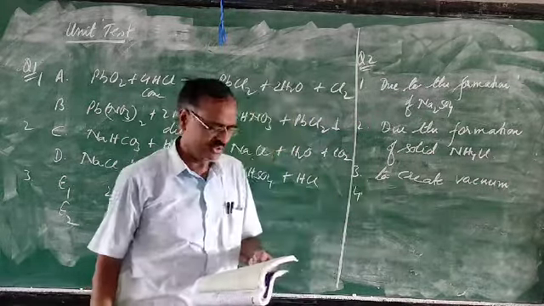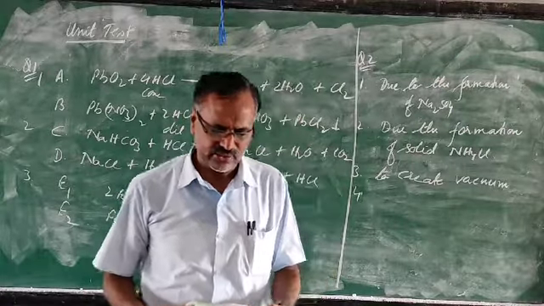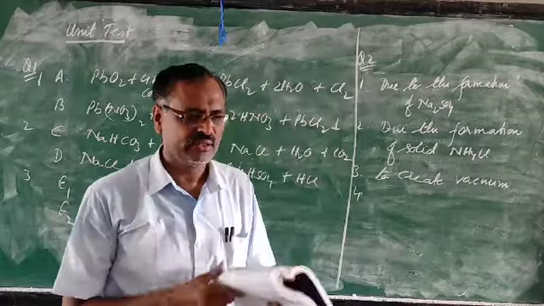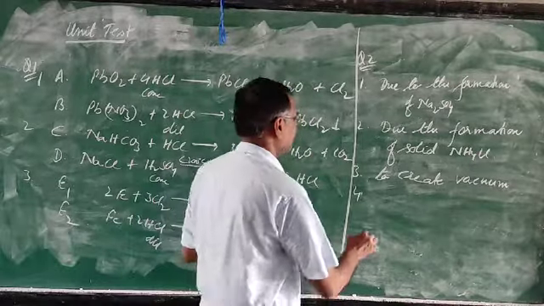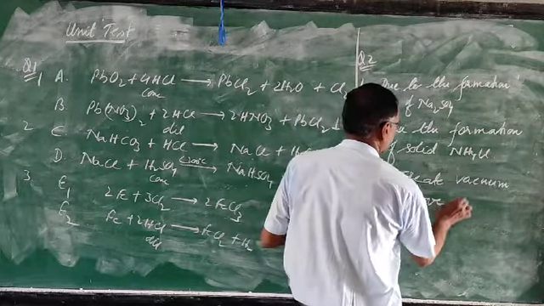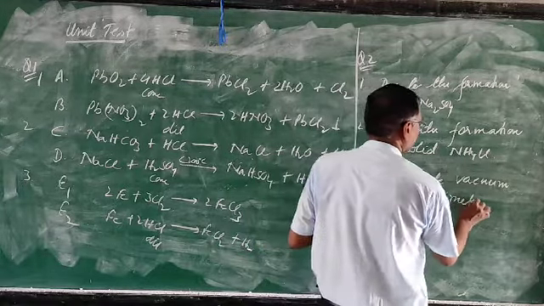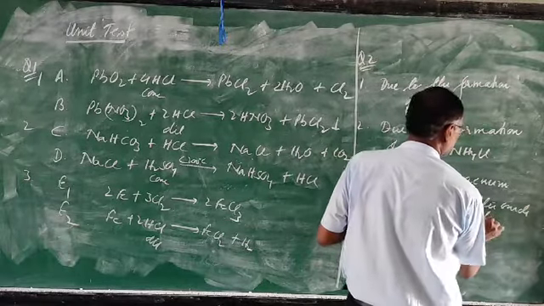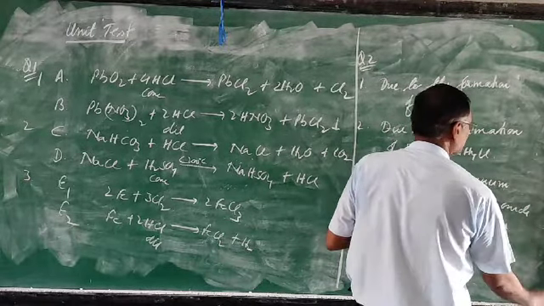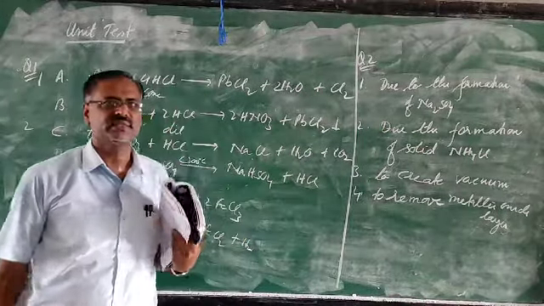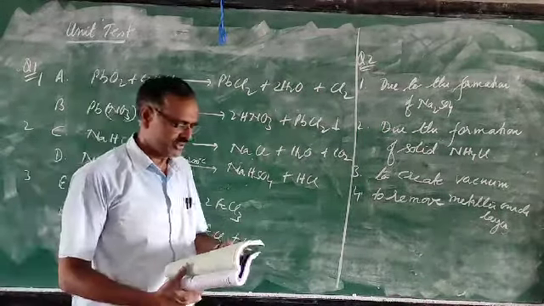Then fourth one, iron sheets are cleaned with hydrochloric acid before dipping into the molten zinc for galvanization to remove metallic oxide layer. Because you know that pickling of metals, so before galvanization we are cleaning the surface to remove the metallic oxide layer.